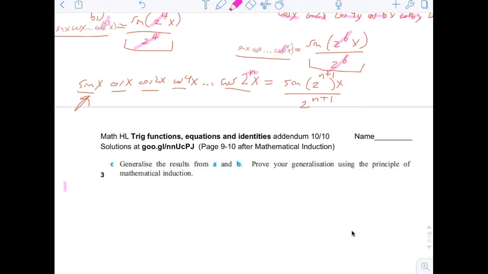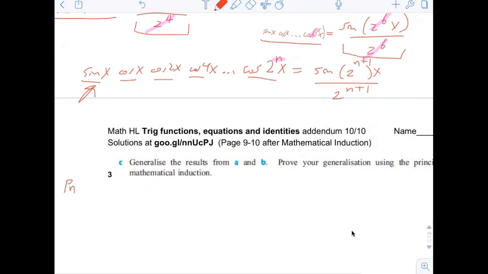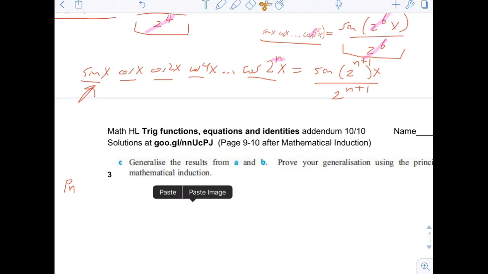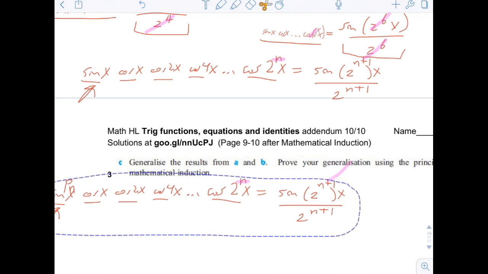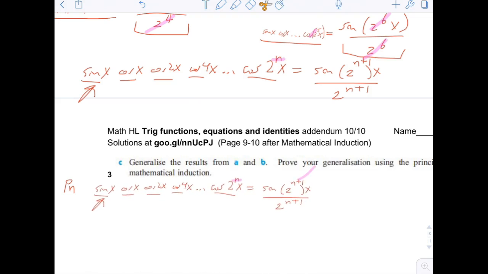Remember that the first step to math induction is we define what the proposition is, and the proposition is equal to this part here. We're going to copy this and paste it here, just make it smaller. So this is the proposition.